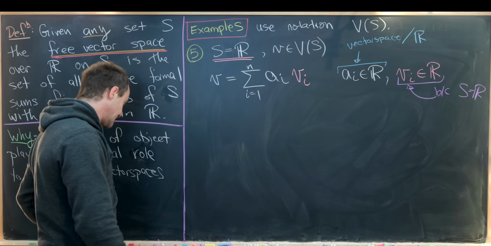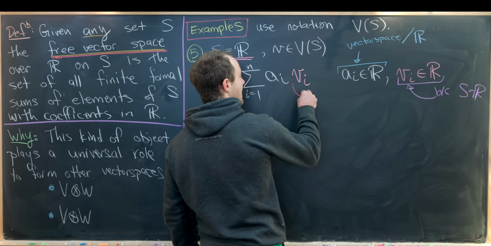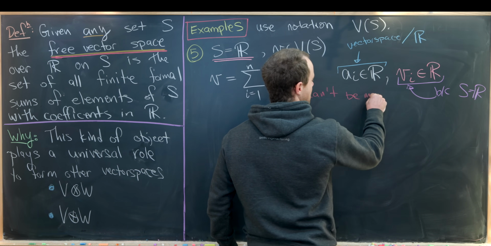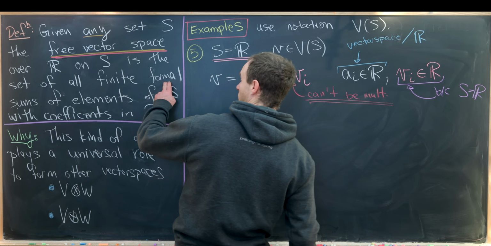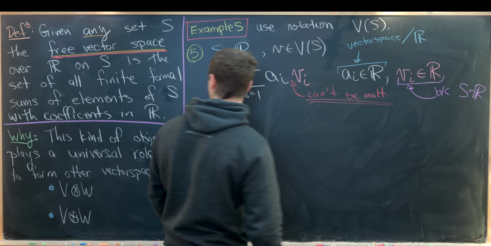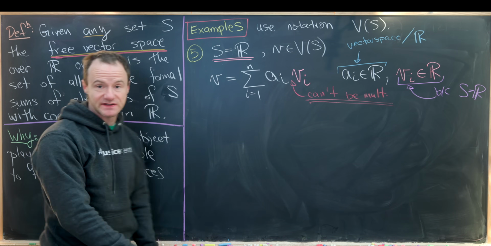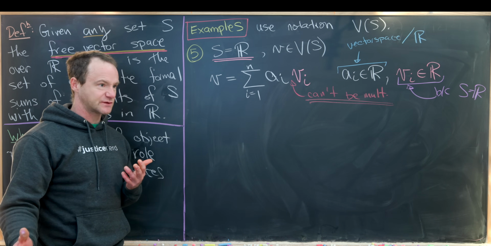Another thing that's really important to point out here is that these two guys cannot be multiplied. And that's because we've got this word formal sums, finite formal sums of elements in S with coefficients in R. Just like before, we were taking things like x1 and x2.